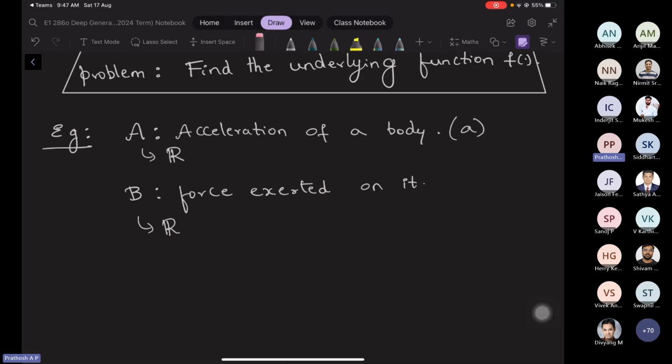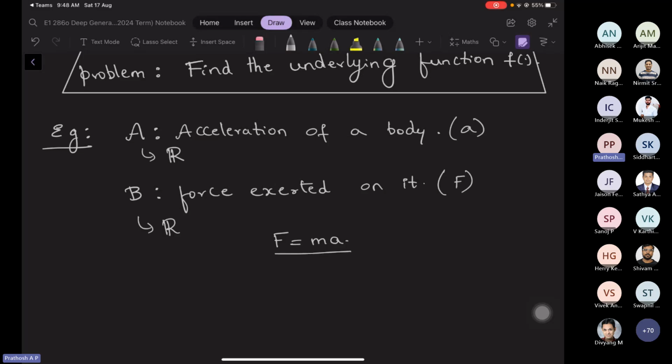So the force exerted on it is another real number, and I denote this by f. Then the relationship between these two, as you know, is a linear relationship, where the proportionality constant is the mass. So the force is proportional to acceleration, and the proportionality constant is the mass.